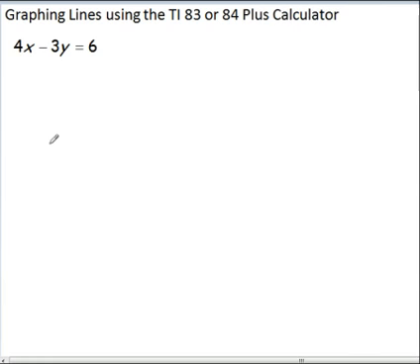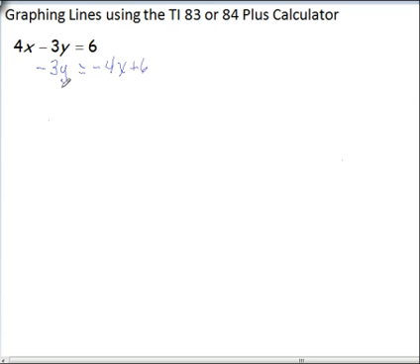Now, the first thing you have to do here is to solve for y. So let's go ahead and do that. We'll subtract 4x from both sides and we'll get negative 3y equals negative 4x plus 6.